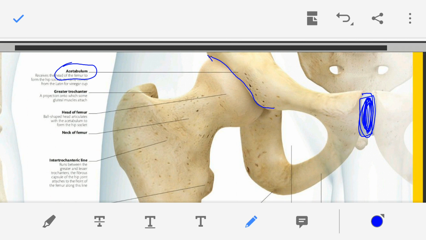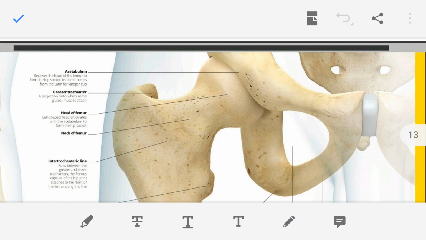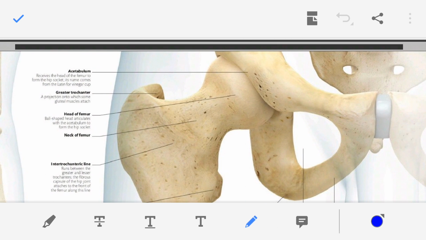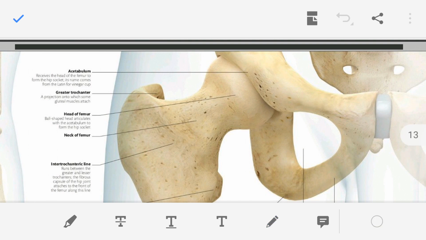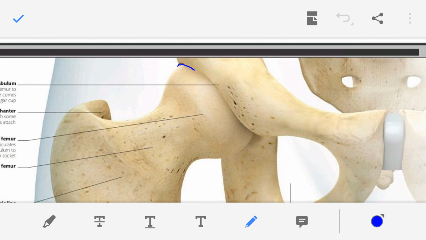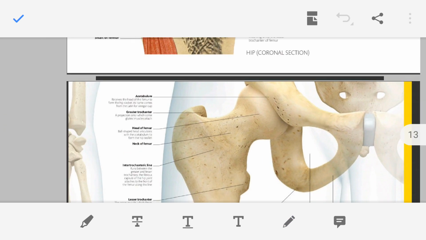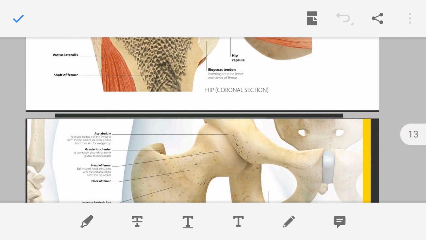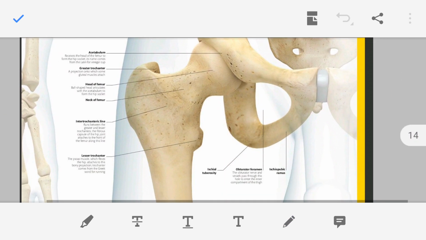All parts of all three hip bones are involved in the formation of acetabulum, and this acetabulum is receiving the head of the femur bone. So this joint is the hip joint or the coxal joint. So this was the 11th point.